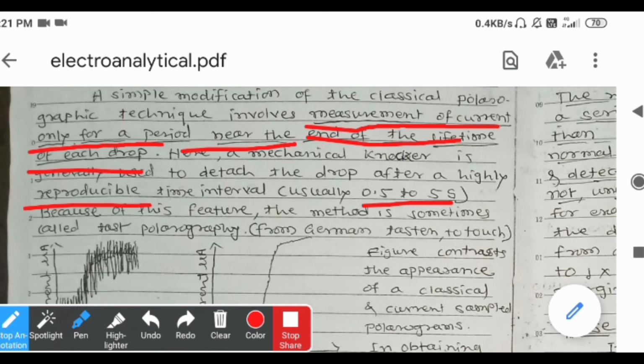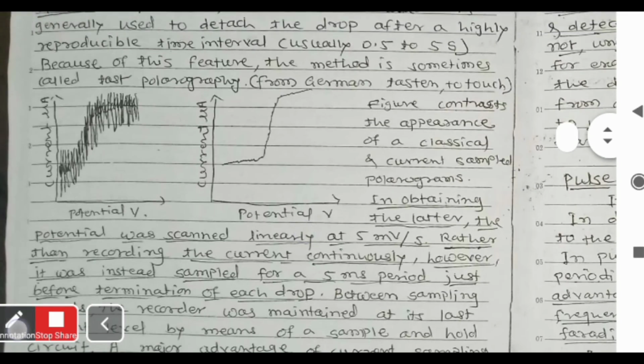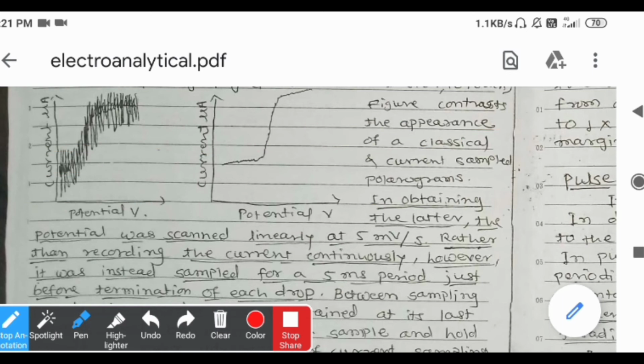Here we can see that in normal polarography we have seen the fluctuation in the current. As we run the polarogram, as the size of the drop grows we get increasing current, and once the drop falls off, the current decreases sharply, and again once a new drop forms, we get increasing current.